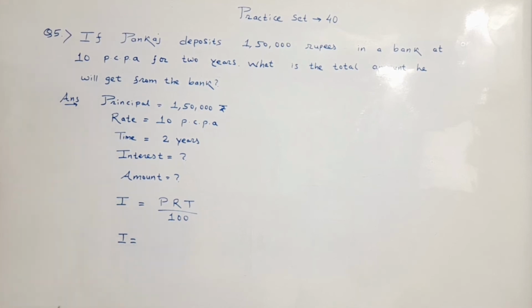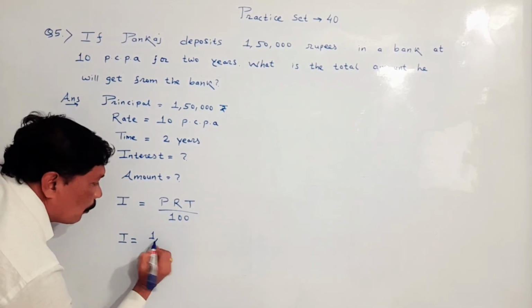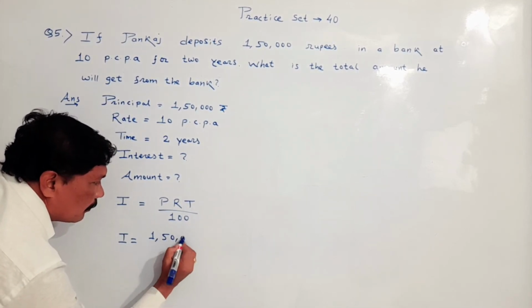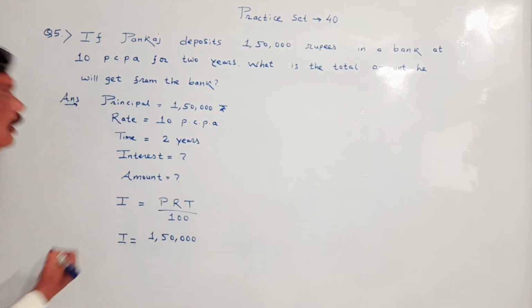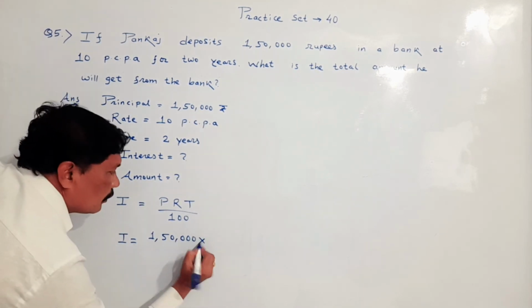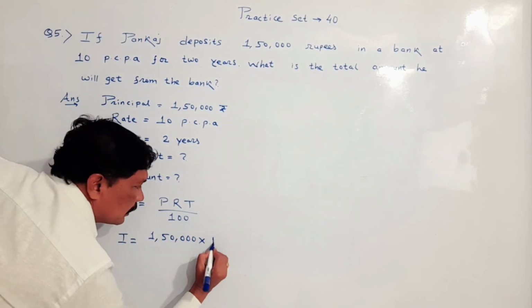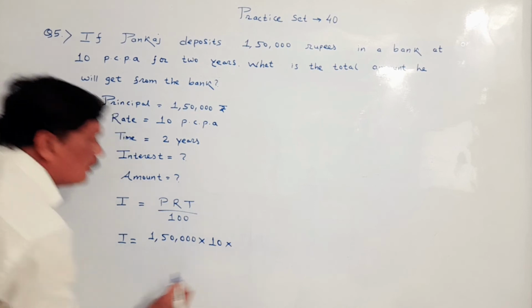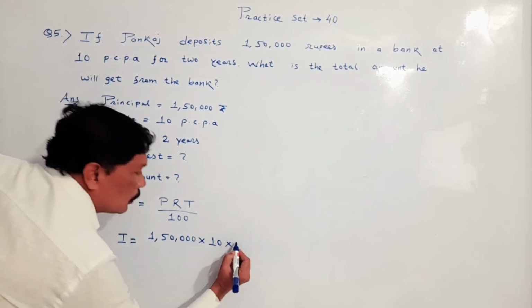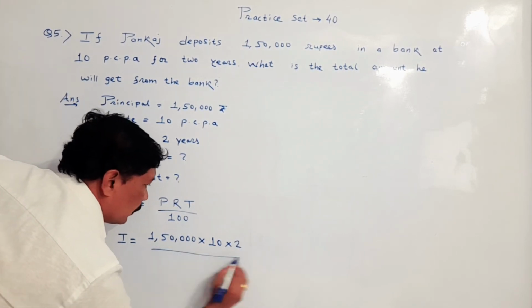I is equal to 1,50,000 into rate is 10 into 2 upon 100.